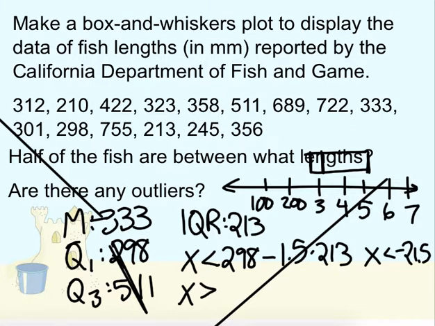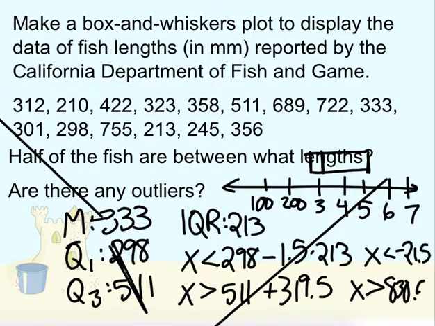Okay, and then x needs to be greater than 511 plus 1.5 times 213, which ends up being 319.5 plus 511. So 830.5. Since we do not have fish lengths that are that big, we do not have any outliers.